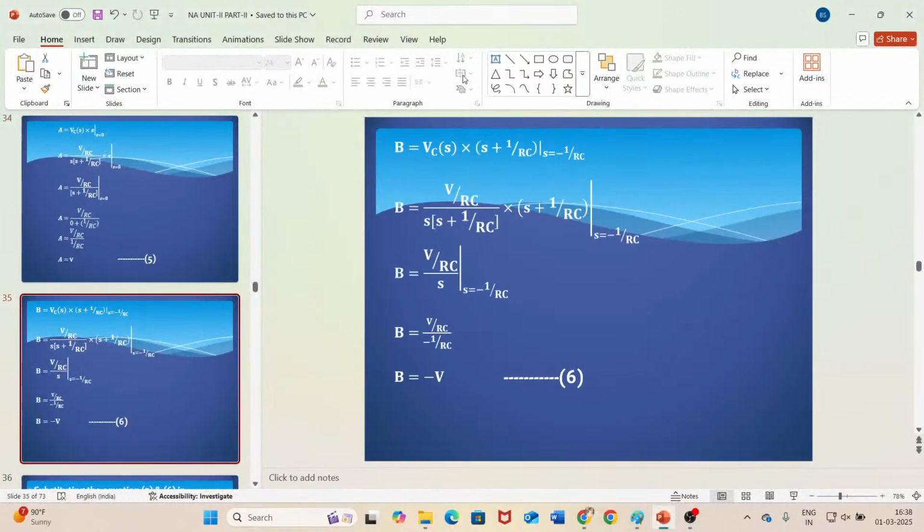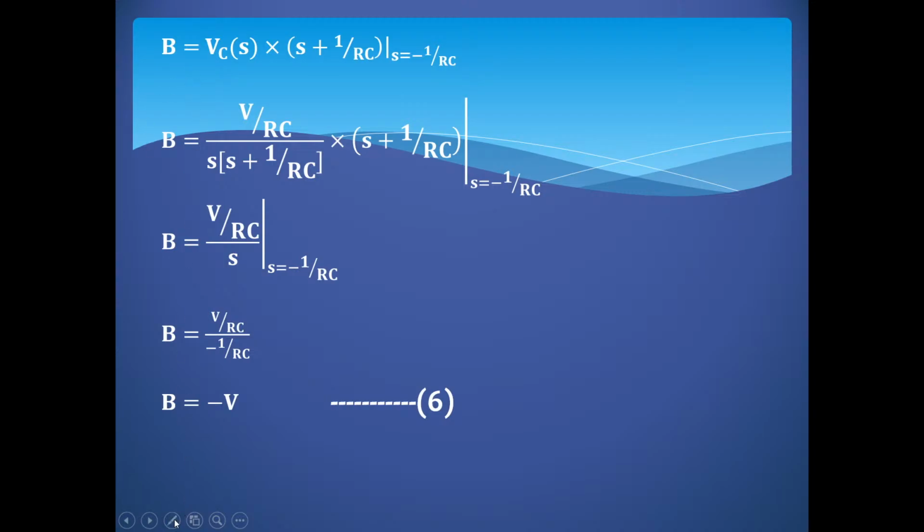Now let us determine B. What is B? B is Vc of s into the denominator of B, which is s plus 1 by RC, at s equal to what? Equate s plus 1 by RC to 0. You will get s is equal to minus 1 by RC.